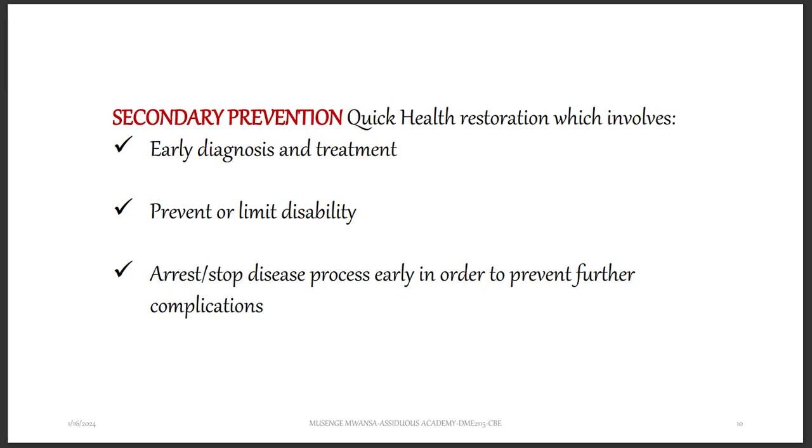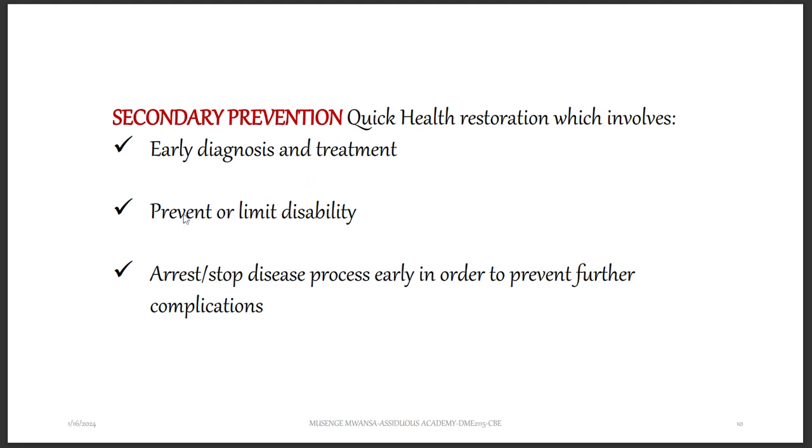Now, secondary prevention, here you have a quick health restoration. In this one, someone has now already gotten the disease, but before the disease can become worse, there is an early diagnosis and treatment. So just early when the person has gotten that disease, you identify the disease and you treat it.